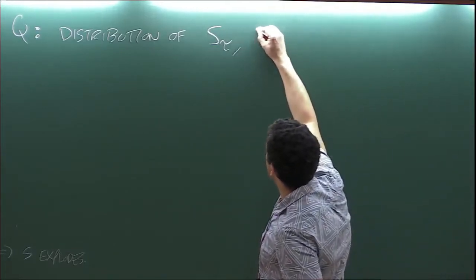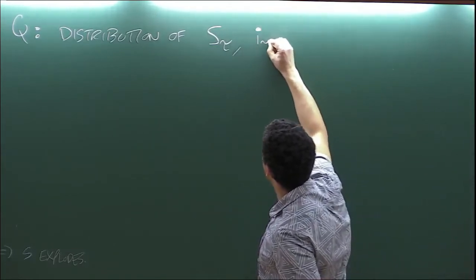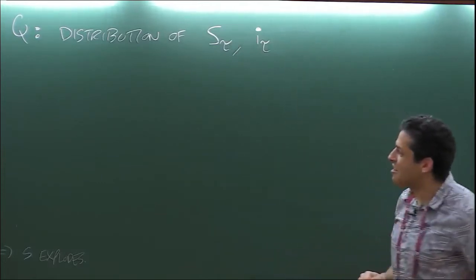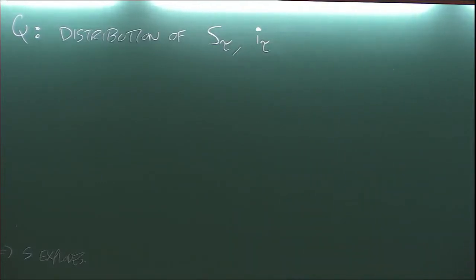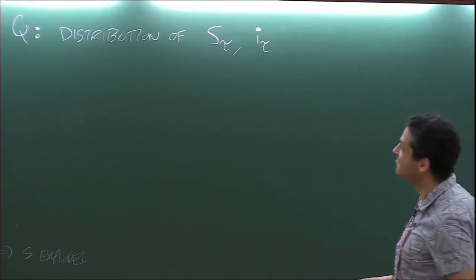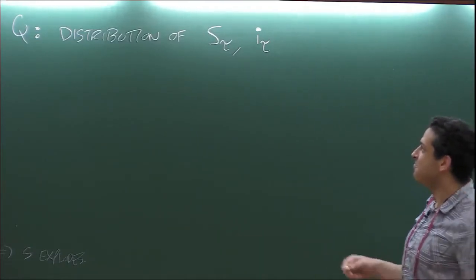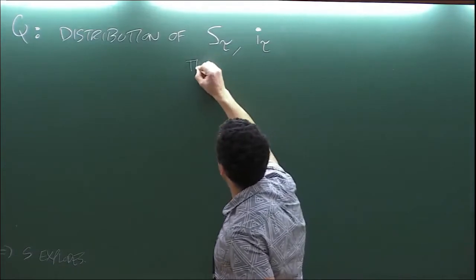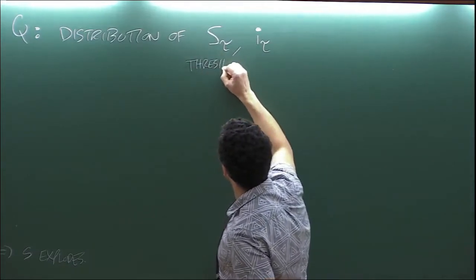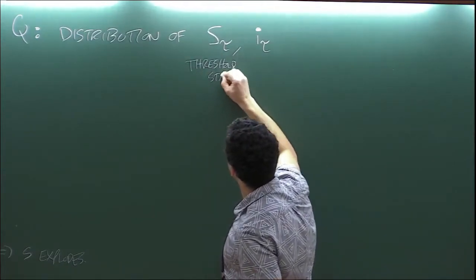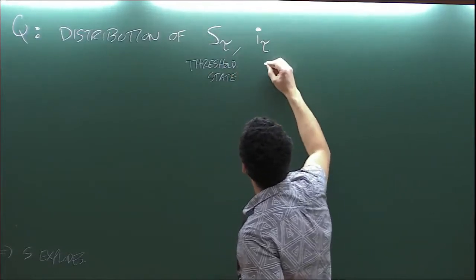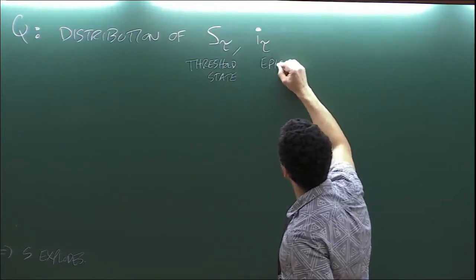And another thing we can ask about is the distribution of I tau, which is the last vertex where we add that final chip that makes it explode. So this S tau is what I call the threshold state. And this I tau I call the epicenter.